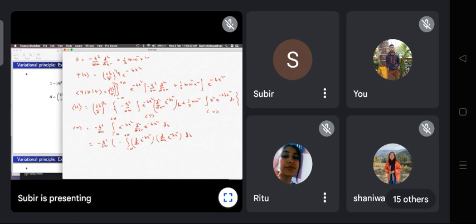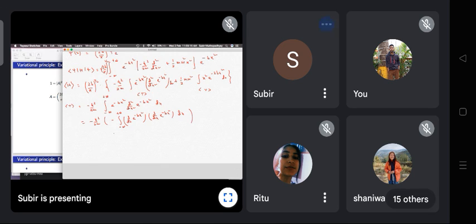Is it clear? Yes, sir. Okay, then the minus and minus combine to give plus h bar square by 2m, integration of d/dx of e to the power minus bx square. How much is this if I take the derivative?